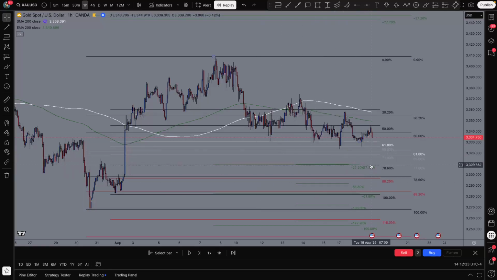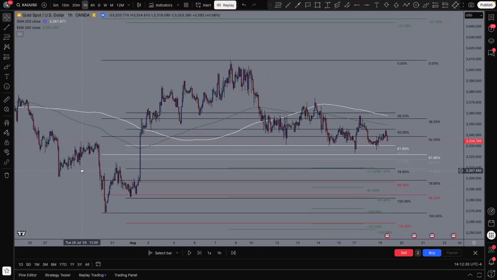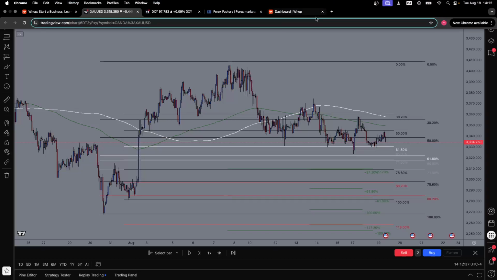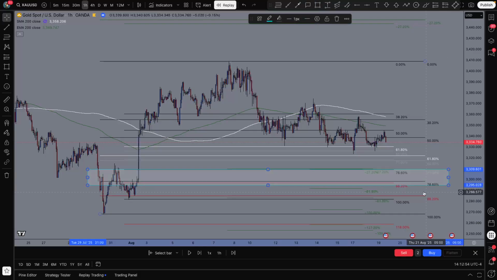Now, what do we have on the first zone of interest? We've got this major level. And if you look throughout the chart on 3310, we've made some major moves basically every time we touched that level. So my level was looking like this, from there to the other 78 and then 88, so you can add them. I added it to 32.95, so that's why I included the small 88 too.